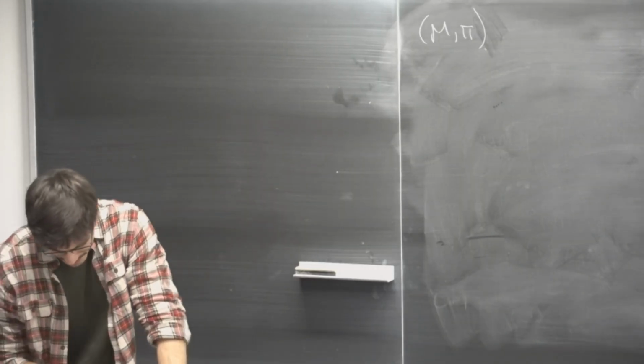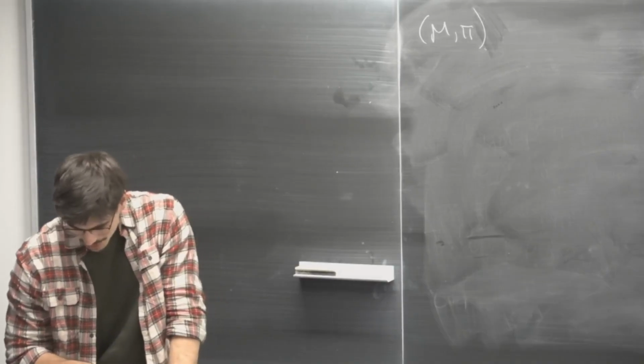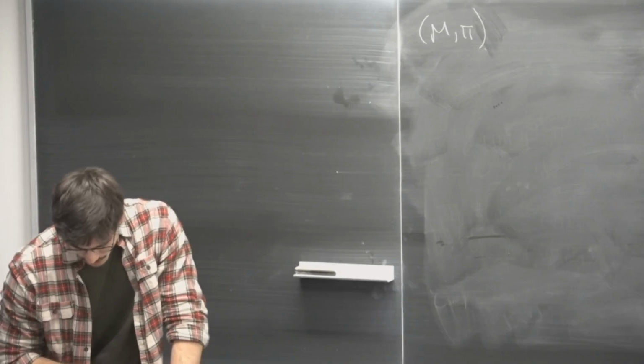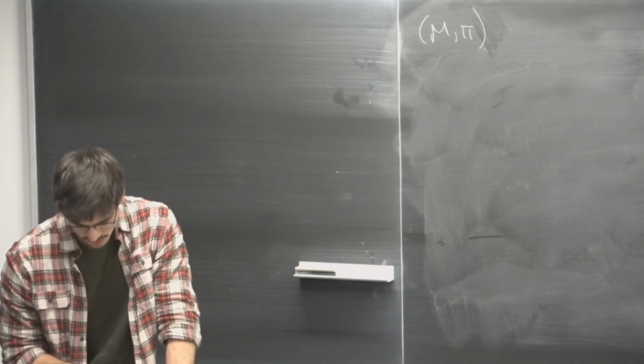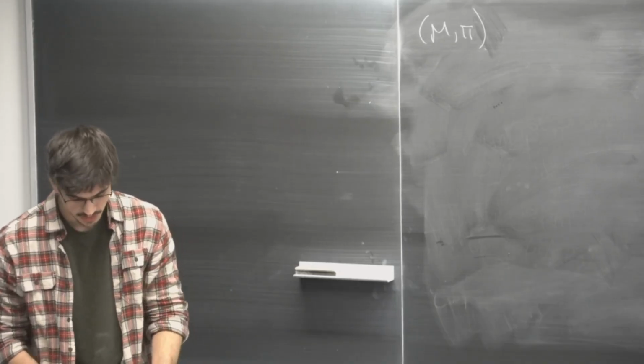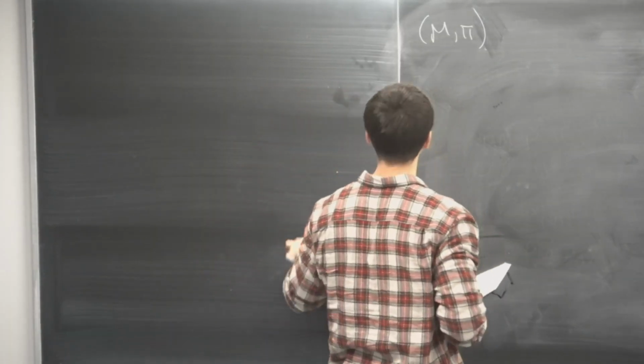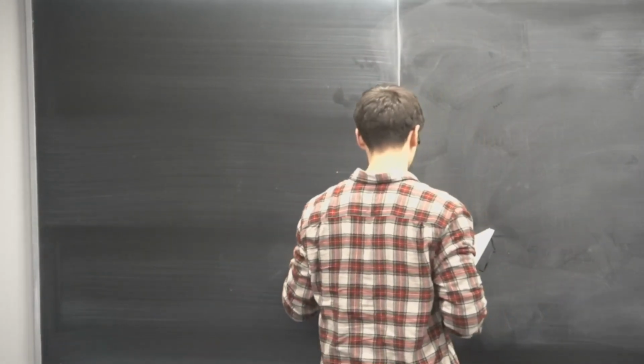I wrote down here a little blurb. Poisson geometry is also closely related to deformation theory, as we can consider deforming the commutative product on smooth functions to possibly non-commutative products, which encode the Poisson bracket. I'll show that now.